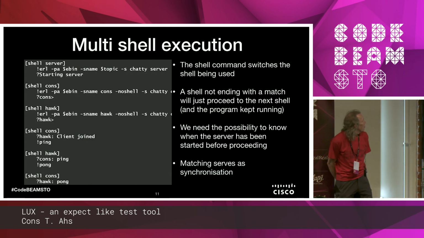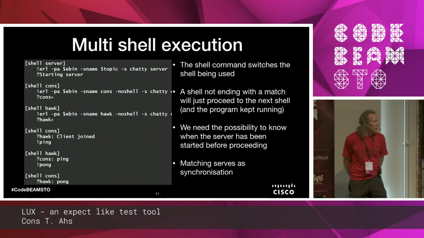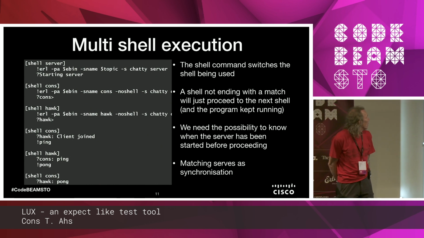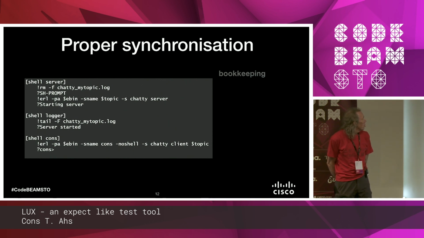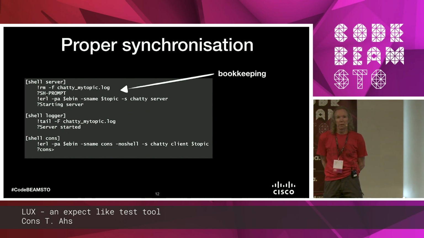So this is what we had before. And we replaced this with some proper synchronization, because we need to be sure that the server has started before we start the client. So we replace this with, first, some bookkeeping, where we actually delete any log that we might have.